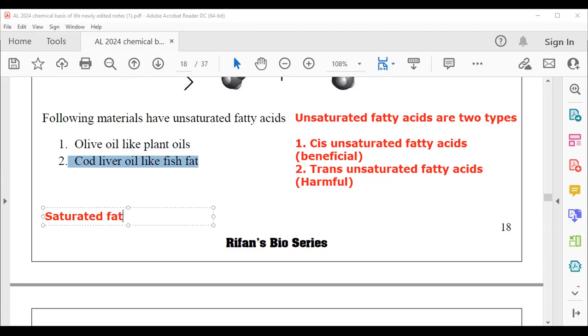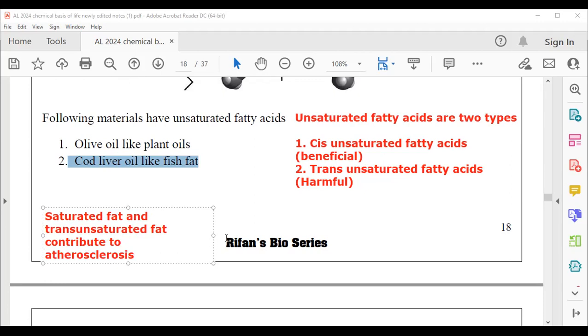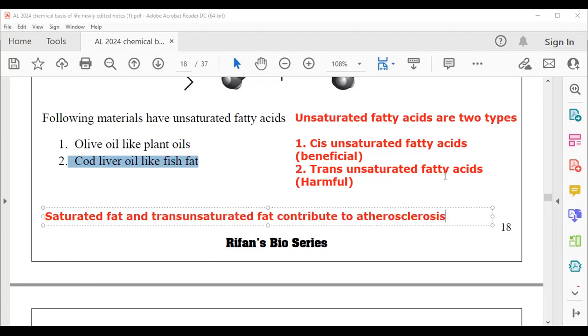Saturated fat and trans unsaturated fat contribute to atherosclerosis. Saturated fat and trans unsaturated fat contribute to what?